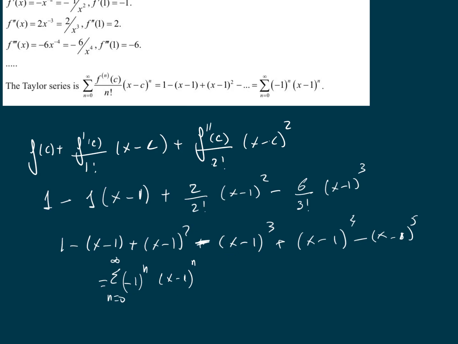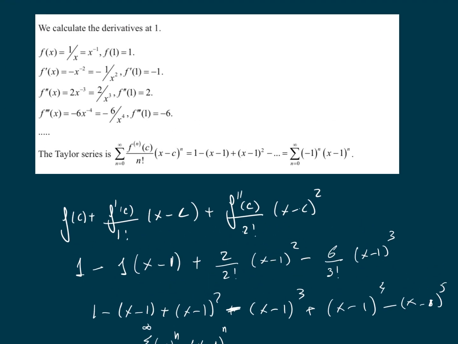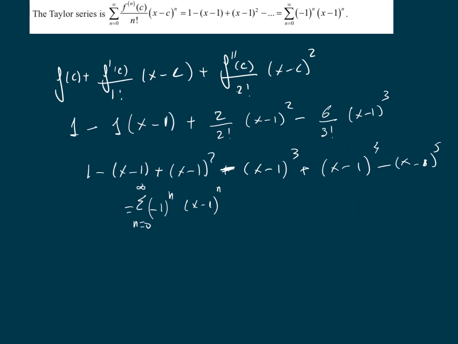This alternating series represents which function? It represents a power series whose function is 1 divided by x. So 1 divided by x is represented by this series on what interval of convergence? You cannot go to 0, because at x equals 0 this function does not have any value.